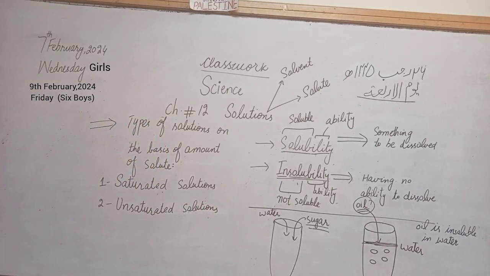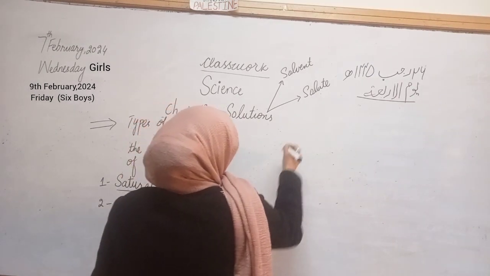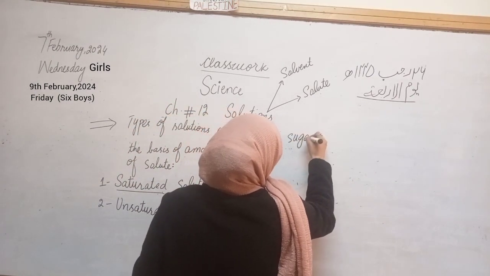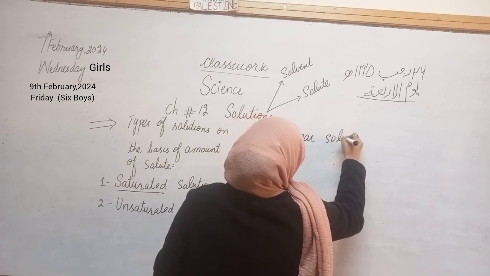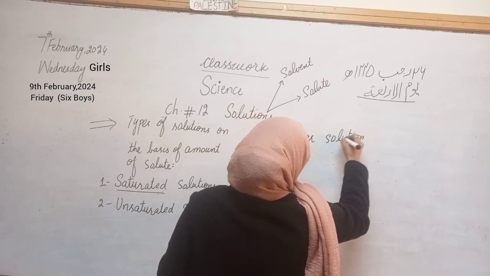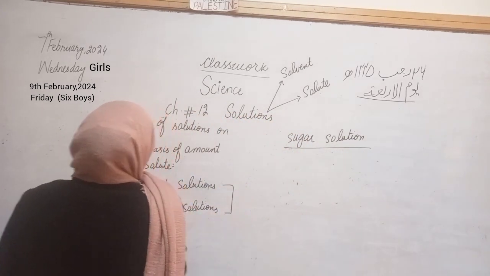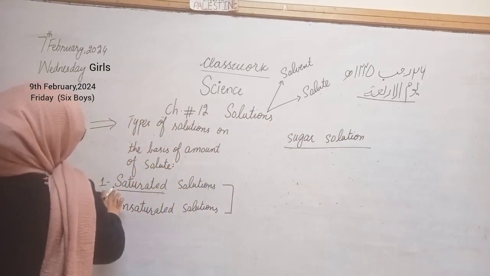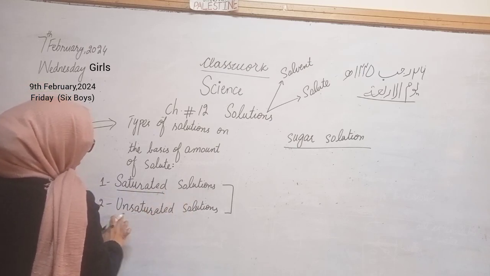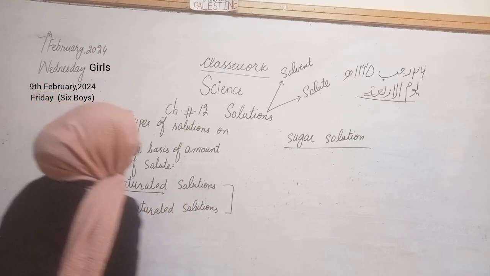Can you relate these terms? We will simply take an example of sugar syrup or sugar solution. By considering the sugar solution, we will distinguish these two terms. The first one is saturated solution and second one is unsaturated solution.